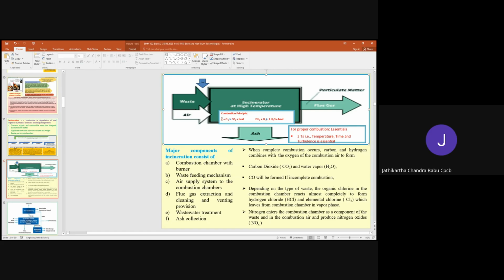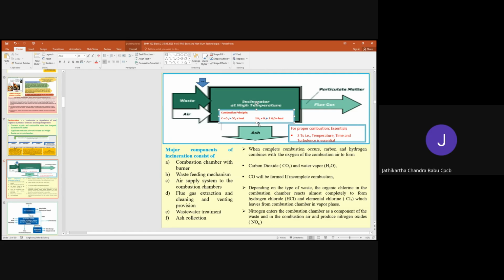Therefore, carbon, which is the waste, in the presence of oxygen and the fuel is burnt and converted into CO2. Apart from that, heat is generated in the process of incineration. Whatever waste is burnt in the primary chamber is generally a complete combustion. In complete combustion, carbon in presence of oxygen will generate carbon dioxide and heat, and the hydrogen which is present will be converted into water.